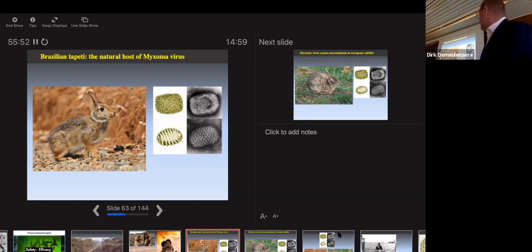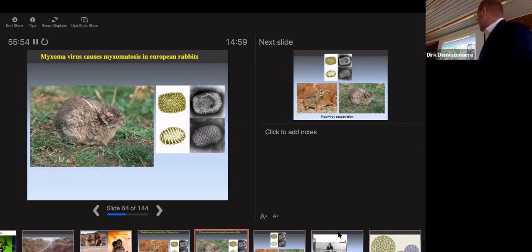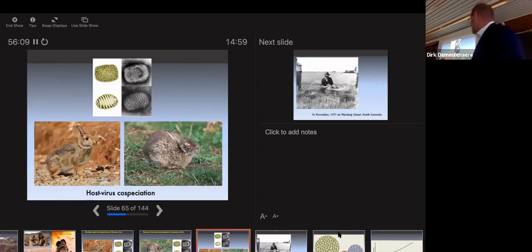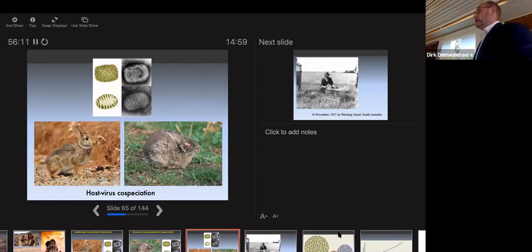But when the same virus is inoculated to old rabbits, the European rabbit, then it developed this horrible disease that you may have seen in the forest. It is a blind rabbit with myxoma everywhere. And this is actually a beautiful illustration of the co-speciation process.